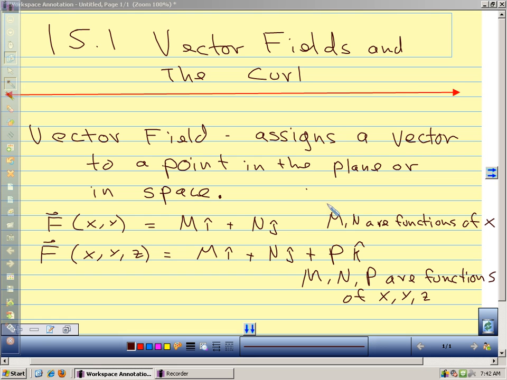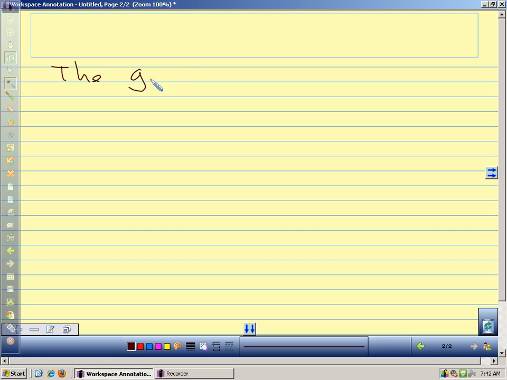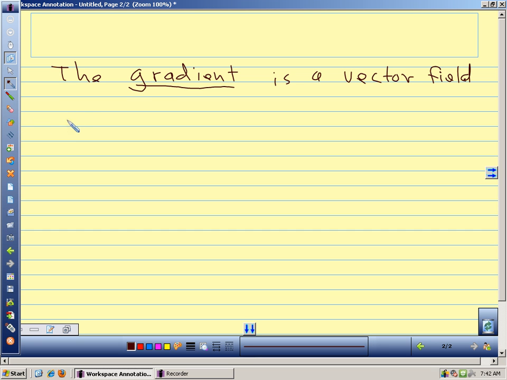The gradient, back to our friend the gradient. The gradient is a vector field. So the gradient's going to play a big part in chapter 15.